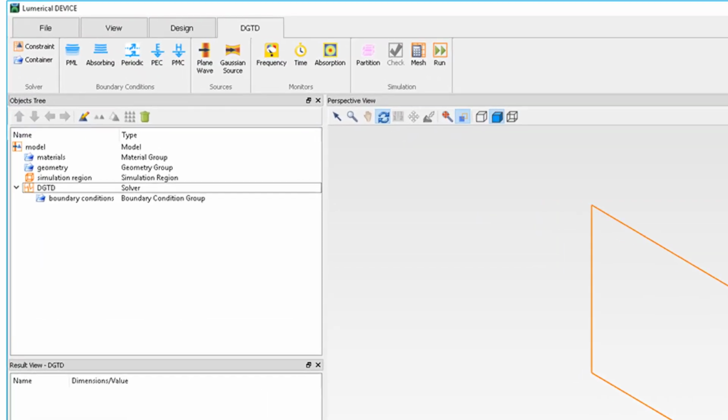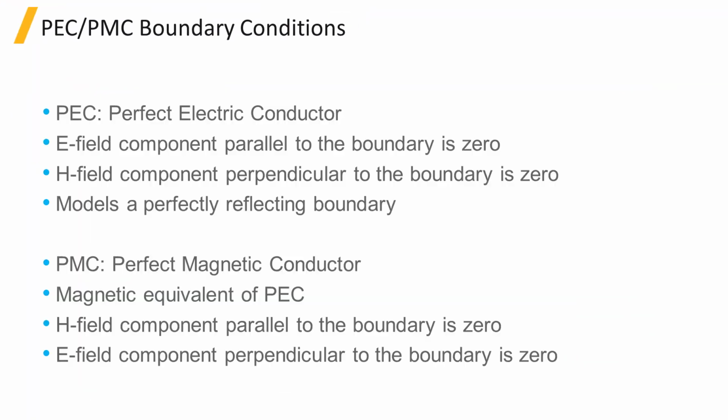Another type of boundary condition available in DGTD simulations is perfect electric conductor, or PEC, and perfect magnetic conductor, or PMC. PEC boundary conditions are used to specify boundaries that behave as a perfect electric conductor, such as metals. For such a boundary, the component of the electric field parallel to the boundary is 0.